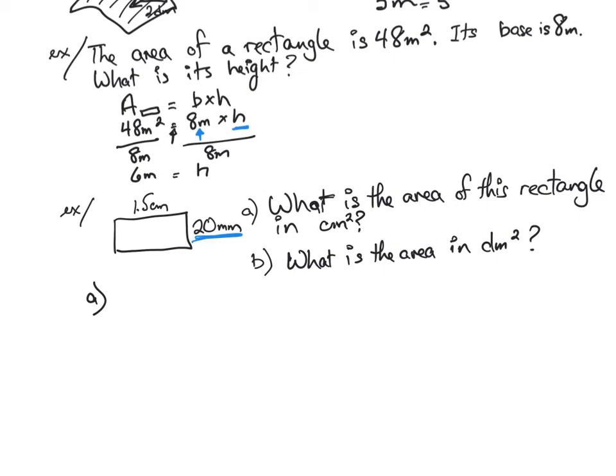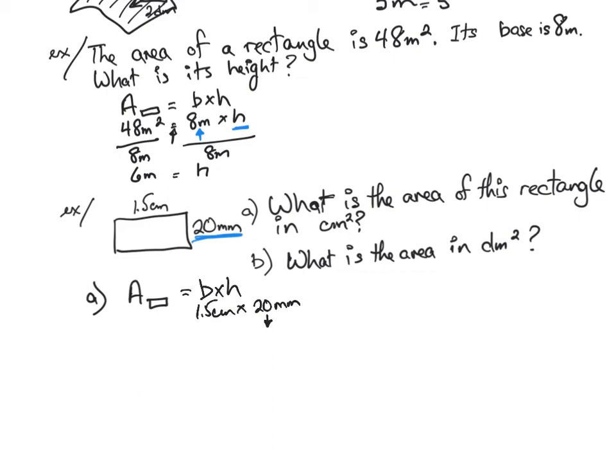So the area of my rectangle is base times height. But when I put in my base times my height, I see that they are not the same unit, and I can't continue until I change one of them into the unit of the other.